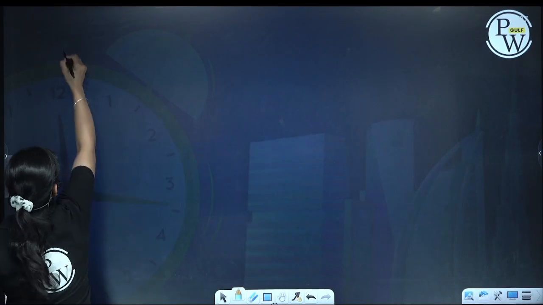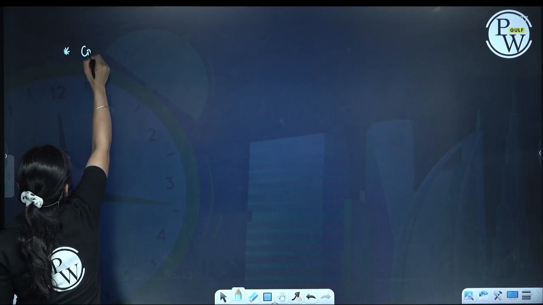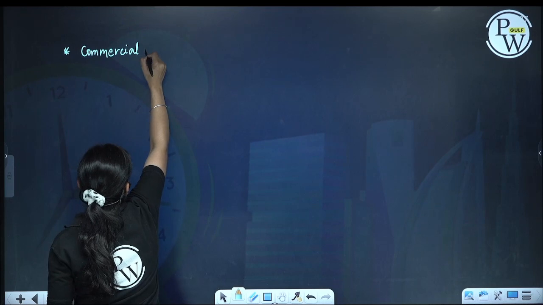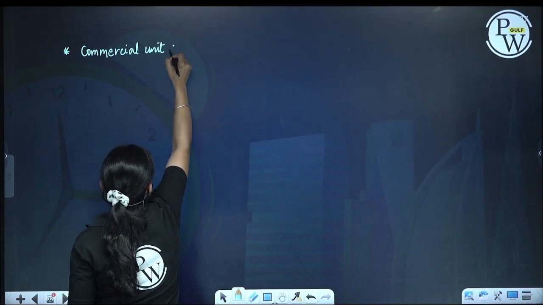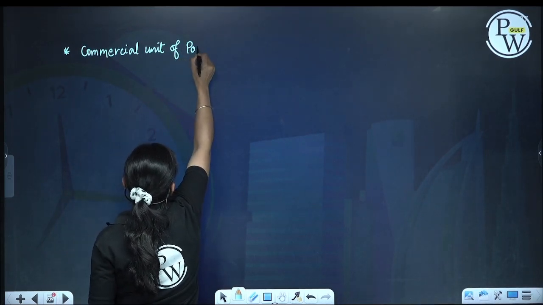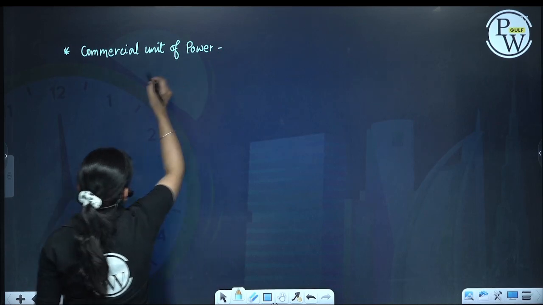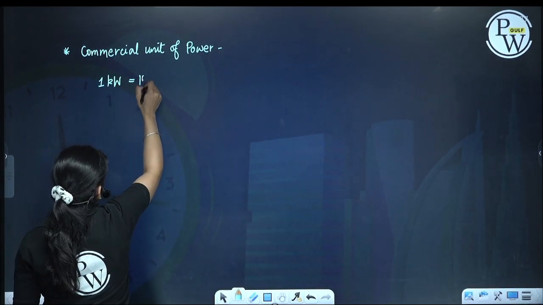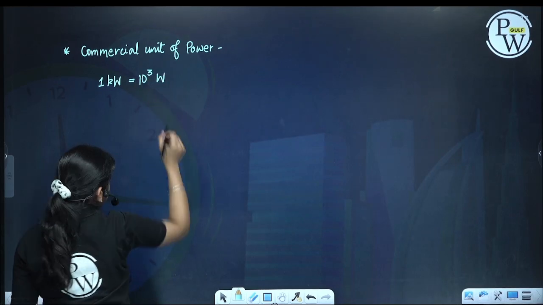Now we also use some commercial units. The commercial unit of power is 1 kilowatt, which is equal to 10 raised to the power 3 watts.